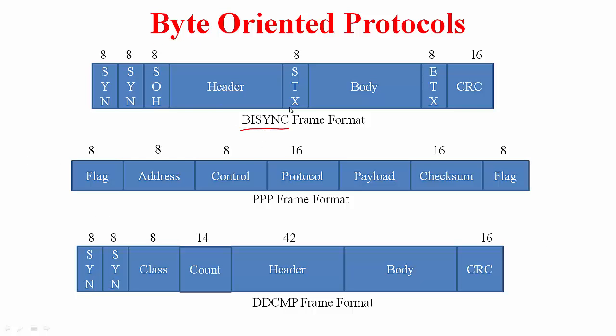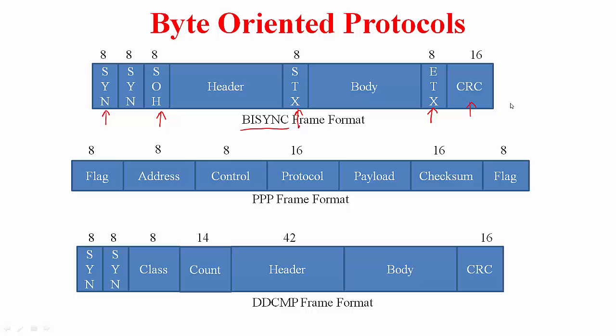In the BISYNC protocol, a lot of sentinels are used to indicate several things. The sync is used to indicate the start of the frame. Start of header is used to indicate the start of the header. Start of text is used to indicate the start of the body, which is the payload, and end of text is used to indicate the end of this particular body.